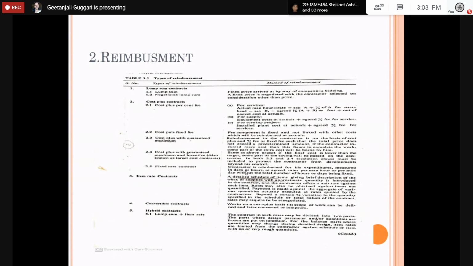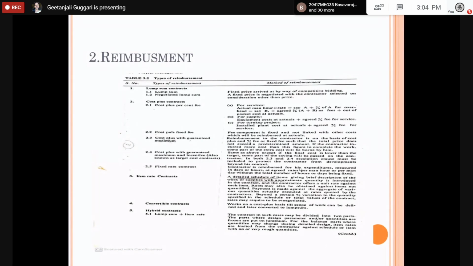Lump sum contractors are nothing but lump sum is a fixed price arrived at by way of competitive bidding. So you are calling for the tenders and all. In that lump sum you are paying this much for the work. This is the total amount he is getting for completing that particular work. So that is a lump sum, a fixed price arrived at by way of competitive bidding.